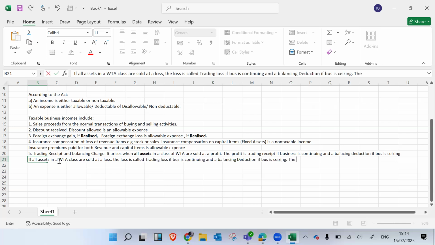And of course, the loss is an allowable deduction.